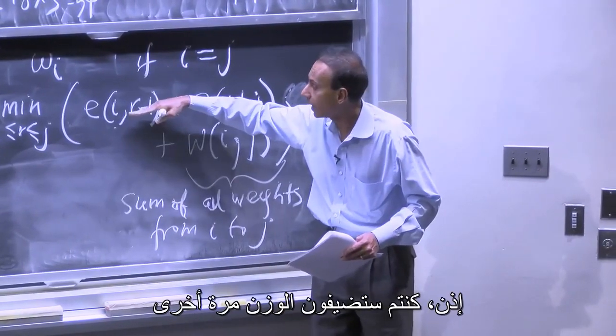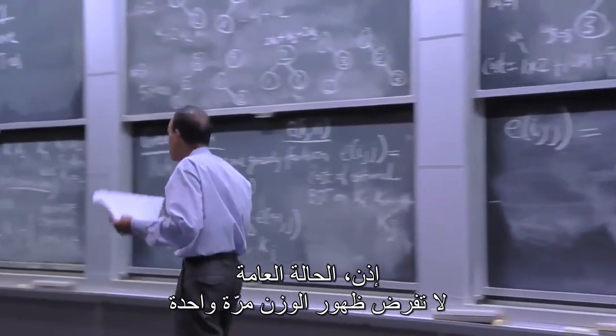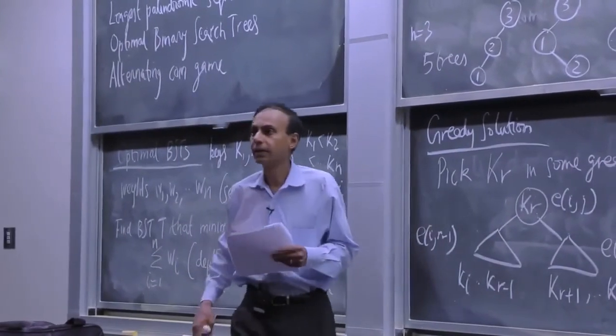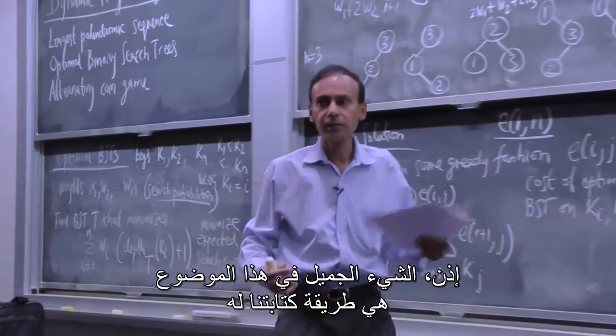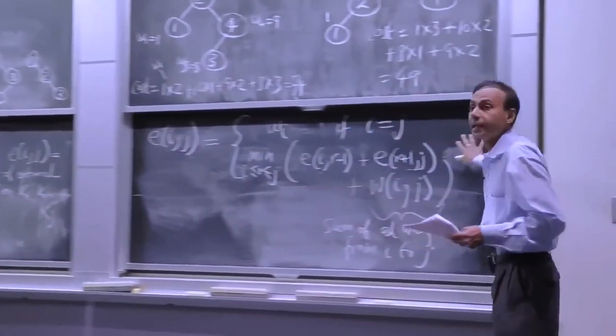So you would have added the weight again, right? So it's not the case that the weights are only appearing once. They're in fact appearing this many times, right? So that's what's kind of cute about this, right? The way we wrote it, okay? Any other questions?